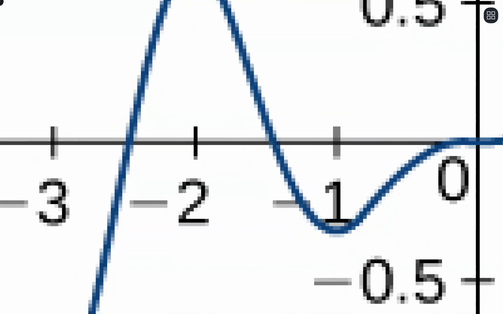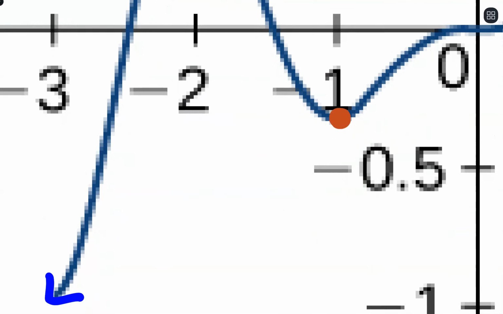It's increasing up to this maximum value, and then it starts decreasing away. And then what we can see down here is this similar idea of decreasing down and down and down, and then we turn and start going up and up and up. And this behavior gives us a relative minimum.